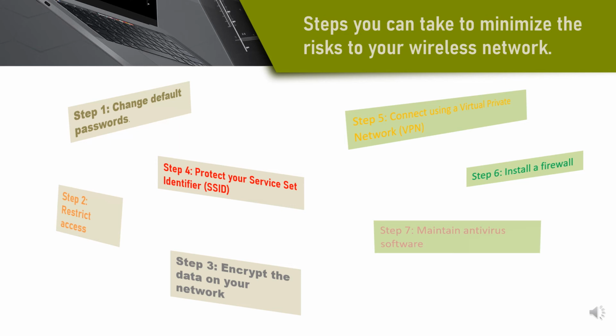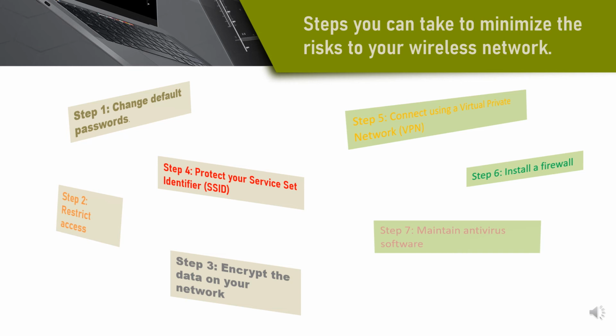Consult your user documentation for specific information about enabling these features. You can also utilize the guest account, which is a widely used feature on many wireless routers. This feature allows you to grant wireless access to guests on separate wireless channels with a separate password while maintaining the privacy of your primary credentials.